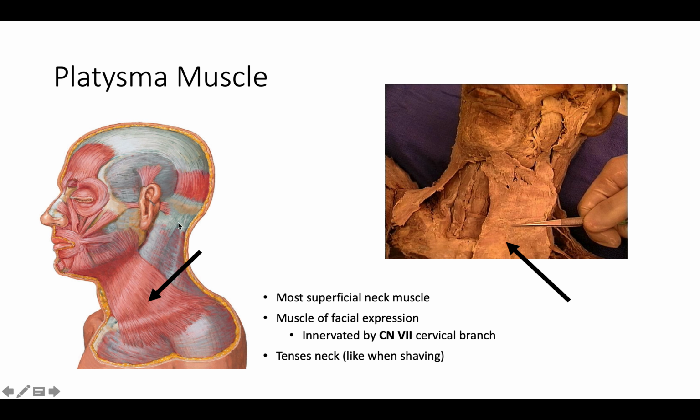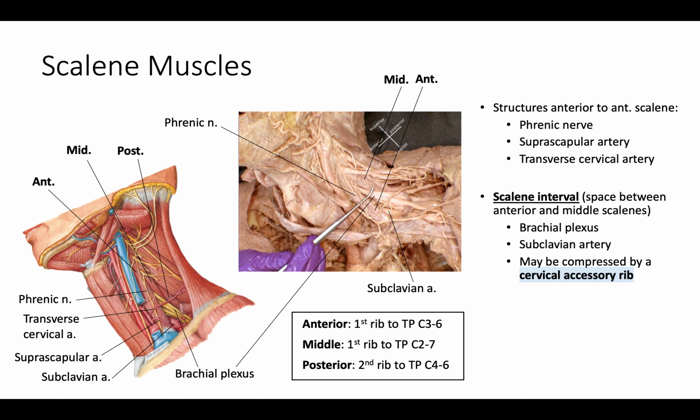Here's this platysma muscle. It's the most superficial that you come to, and it's innervated by cranial nerve 7. So we've got our scalenes, our anterior and middle scalenes. We've got our brachial plexus, and then also our subclavian.